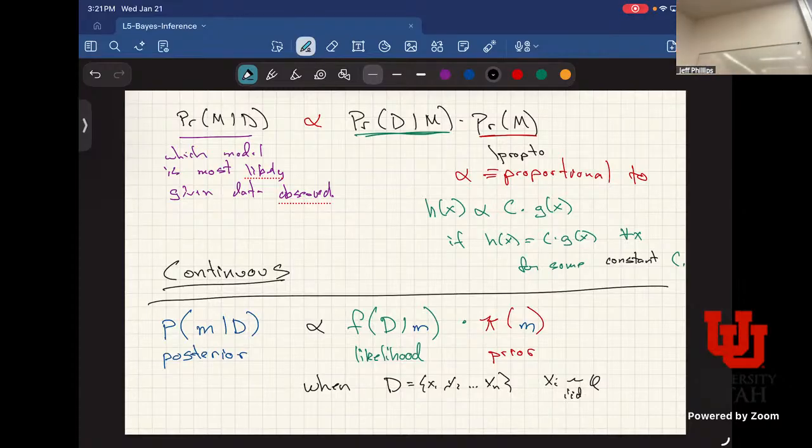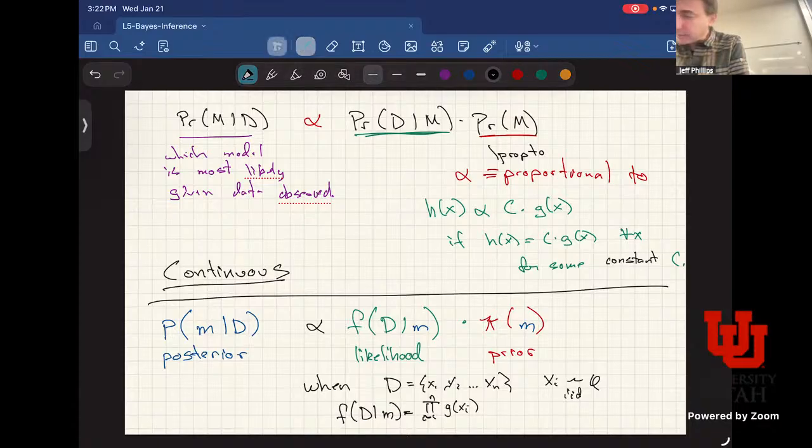We'll get back to this notation again. They're independent. Then we can write f of D given m, remember, as the product. I'm off the bottom again, aren't I? Okay, as the product, right? Product of, I'll write it and then I'll slide it up a little bit, of g of xi.